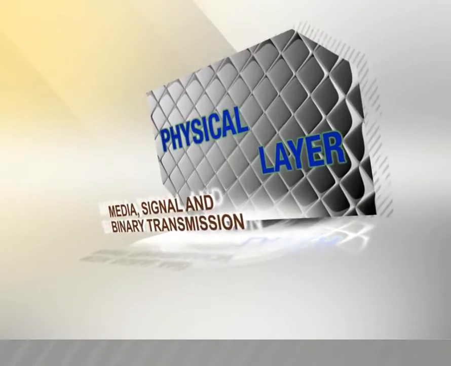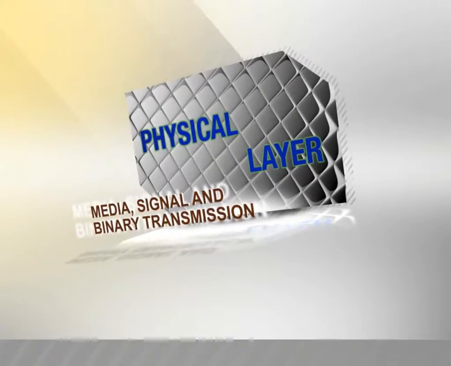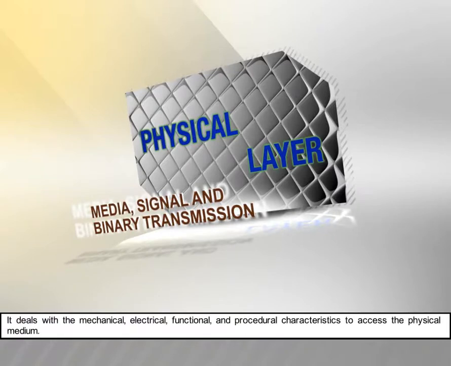Physical layer: media, signal, and binary transmission. It is concerned with transmission of an unstructured bit stream over a physical medium. It deals with the mechanical, electrical, functional, and procedural characteristics to access the physical medium.